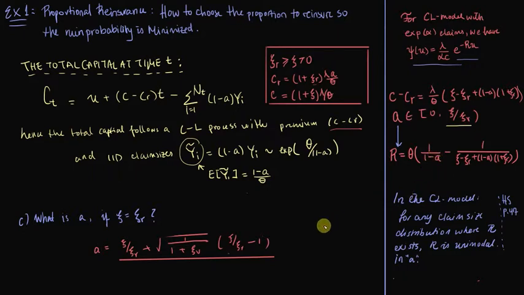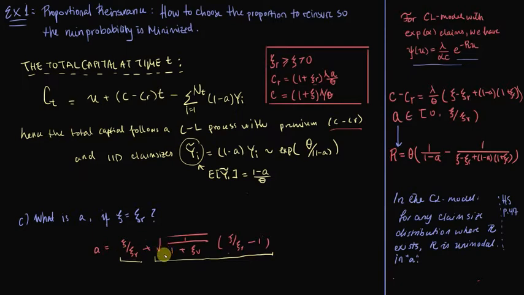However, we did not check whether A was greater than 0. So if we consider this expression, you can see that A is greater than 0 if this term here, which is a negative term, is numerically smaller than this term we have here.